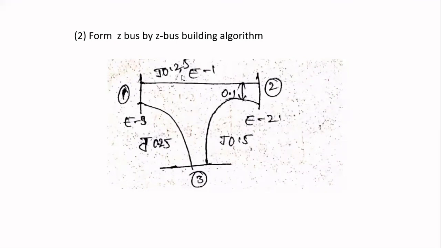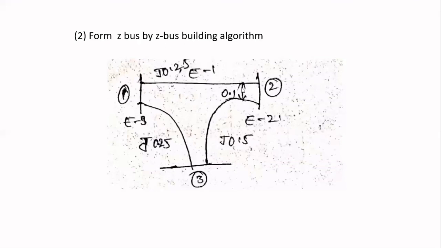While observing the previous problem, we formed the Z-bus building algorithm step by step, and we observed that the mutual impedance is connected between the elements, and then we solved the problem by using the mutual impedance formulas.